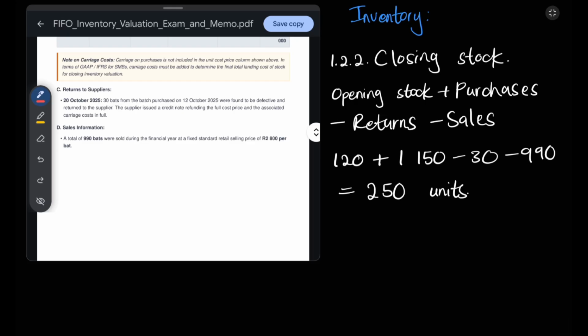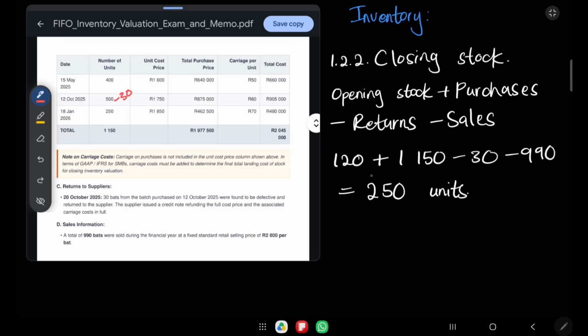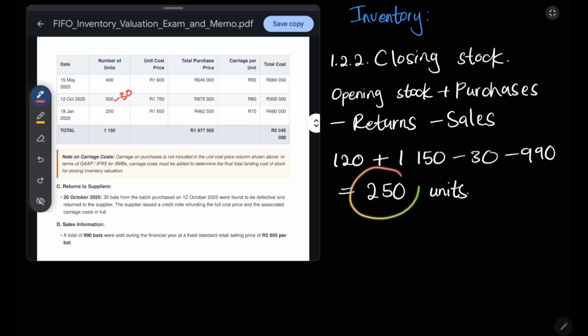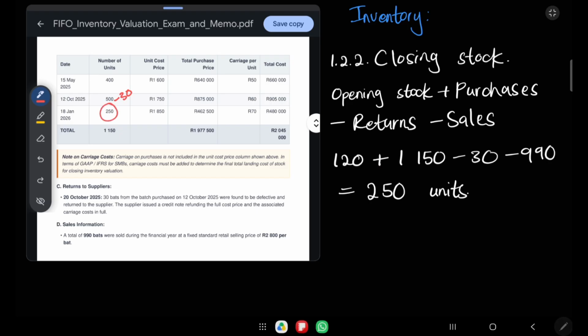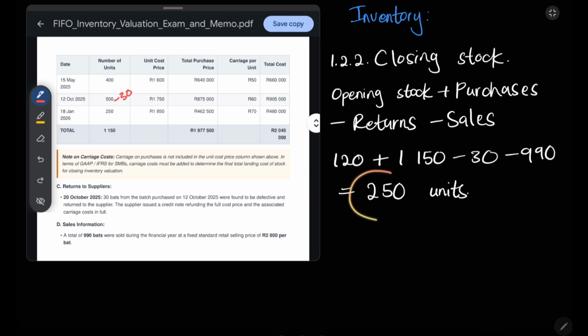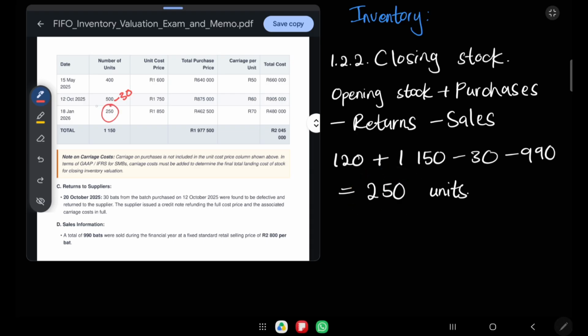Now for the second step, let's allocate our units. We have our units here to the most recent batch, meaning this one. Now, why are we allocating this 250 to the last one? Remember, in FIFO, we want to sell our first stock first, and then the closing stock or the units that we have left are most probably these ones.